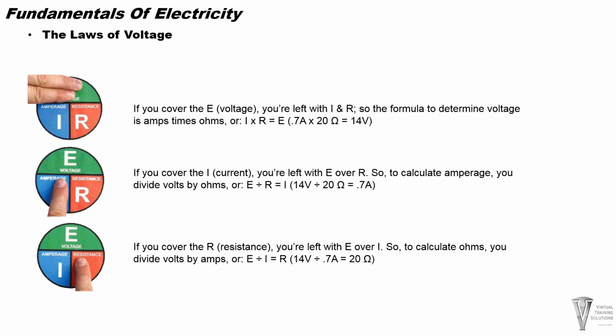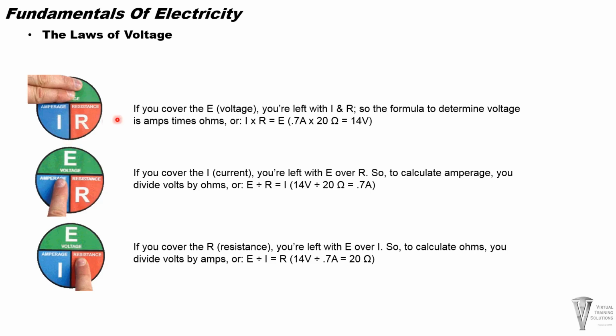Just place your finger over any one of the sections, and what's left is a formula for Ohm's law that defines the characteristic you've covered. So let's take a look at that real quick. This would be the division line, and this would be considered the multiplication line.